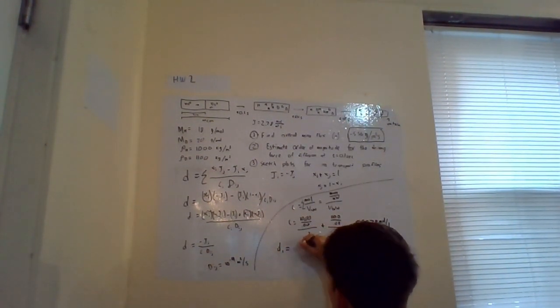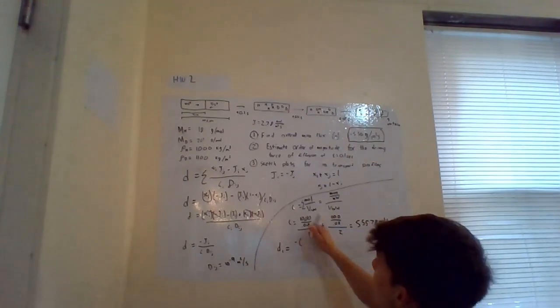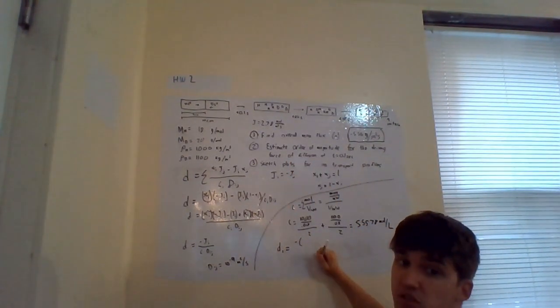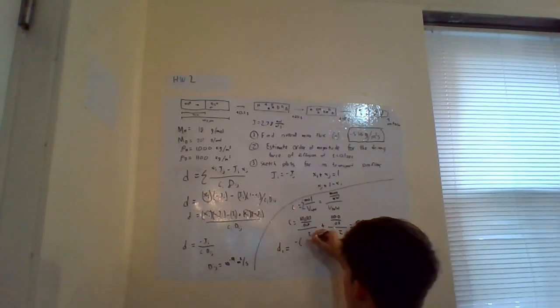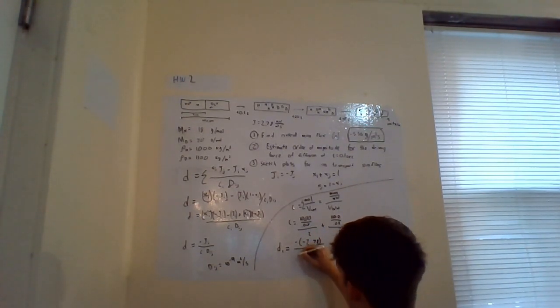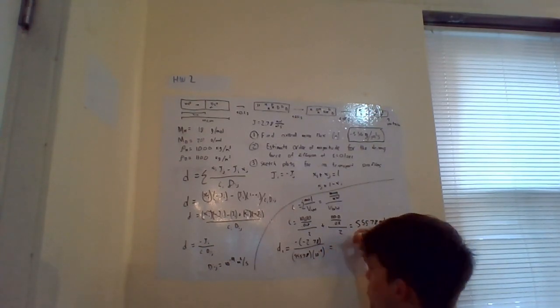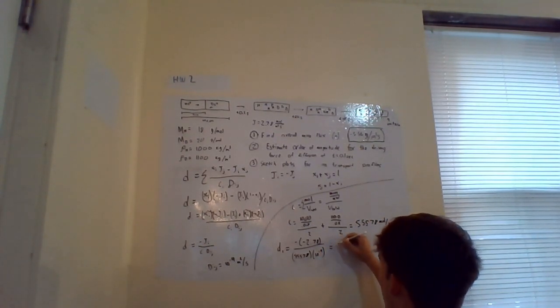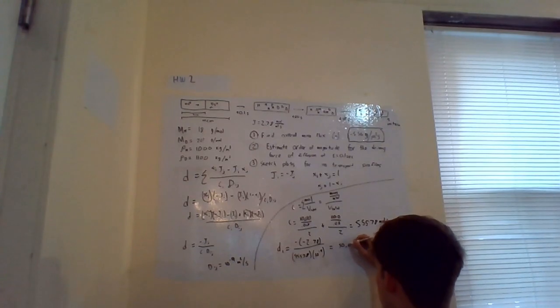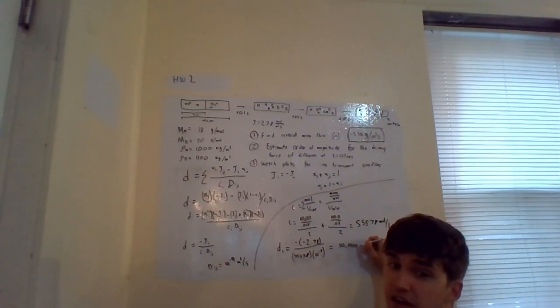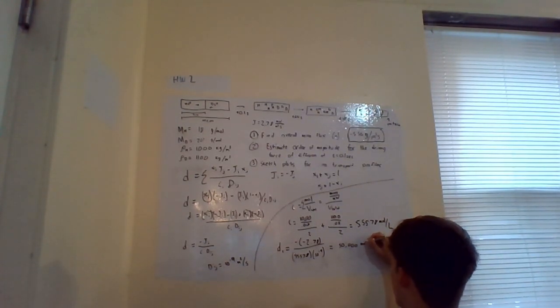So the driving force is equal to, and I'm going to use a negative sign for the molar diffusive flux because deuterium is diffusing that way, the molar diffusive flux over the concentration times the driving force for liquids. When you multiply this all out, you get an answer of about 50,000 moles per meter cubed.